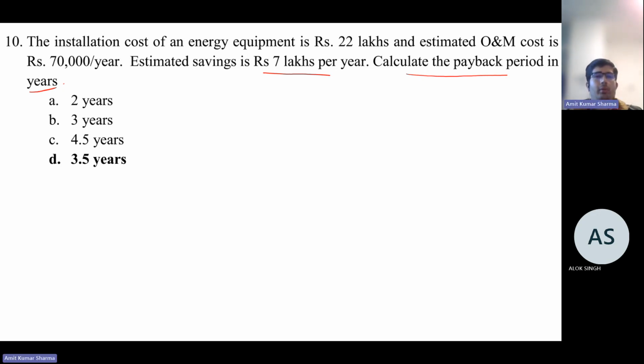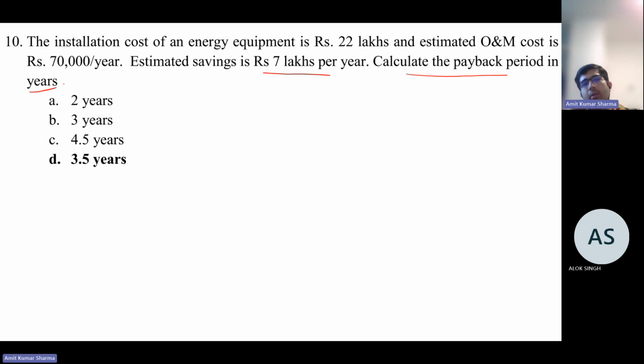First of all you have to find out the net saving per year, because there is operation and maintenance cost and the total saving that they have mentioned. Net saving will be the total saving minus the operation and maintenance cost. In that way you can find the net saving per year.